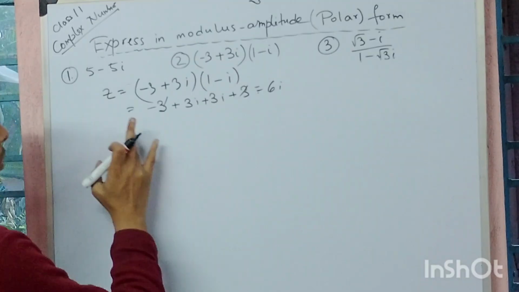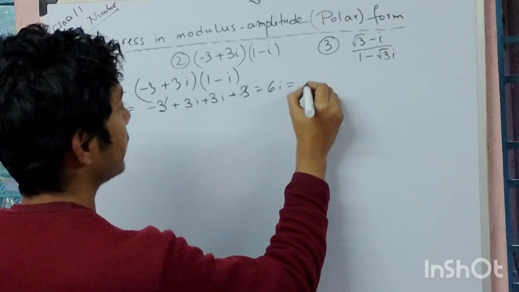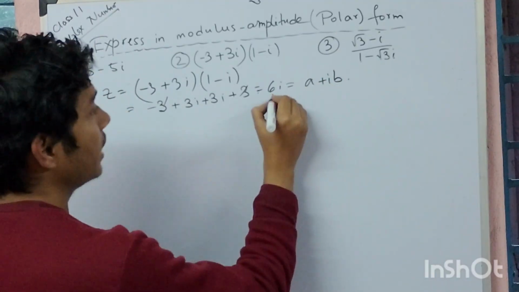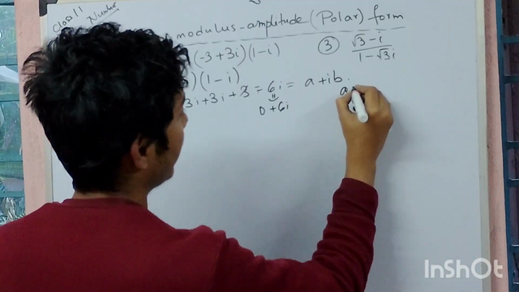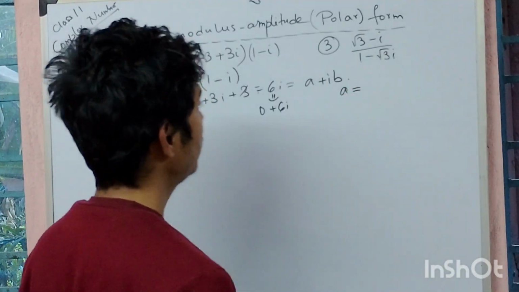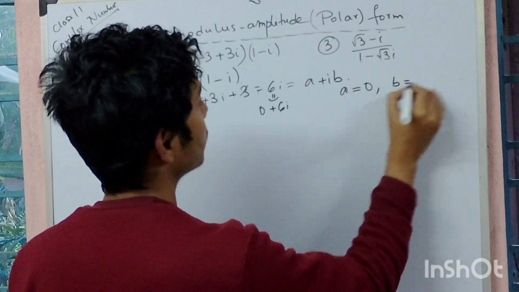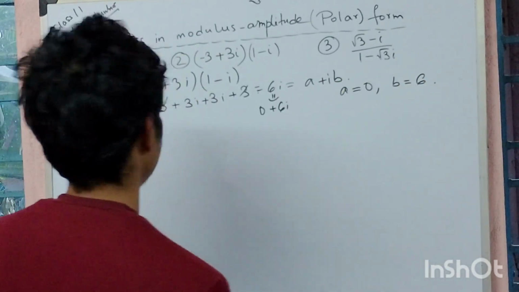Now it is 6i, so it can be written as a plus ib. 6i means 0 plus 6i. So from this, your a equals 0 and your b equals 6.